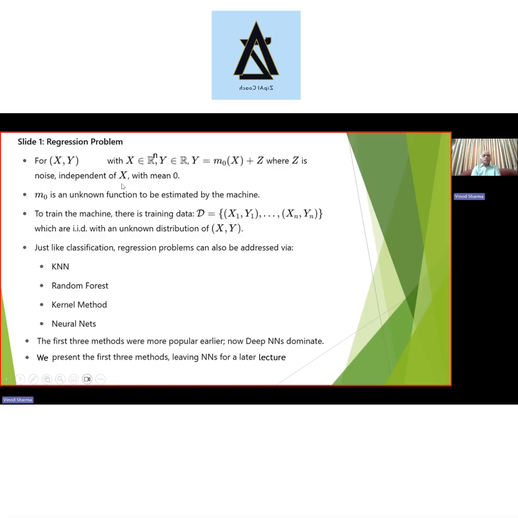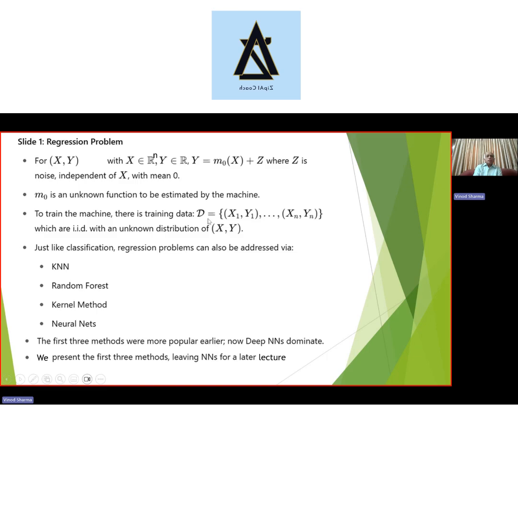We start with the xi, yi training sequence, and we want to estimate m naught from the training data available. And we train the machine so that the machine will provide this estimate of m naught at any given point x.